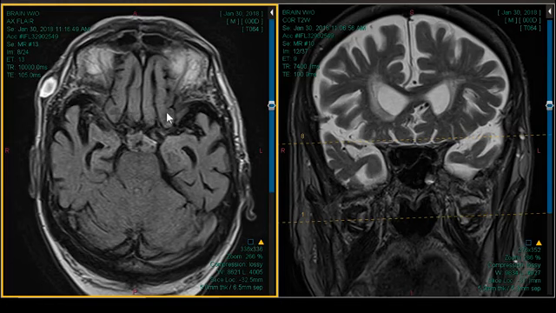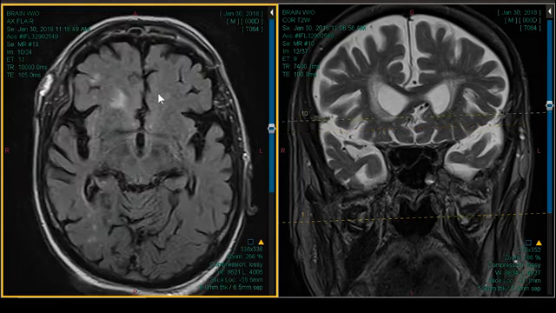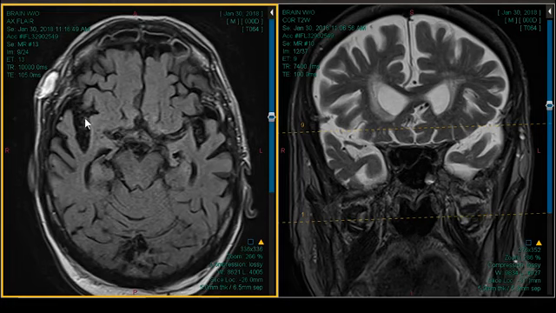Not so here. Yes, the fissure's big, but the inferior frontal and olfactory apparatus, not bad. Yes, it's atrophic, but not nearly as severe as the case that I showed you before. The Sylvian atrophy is tremendous.